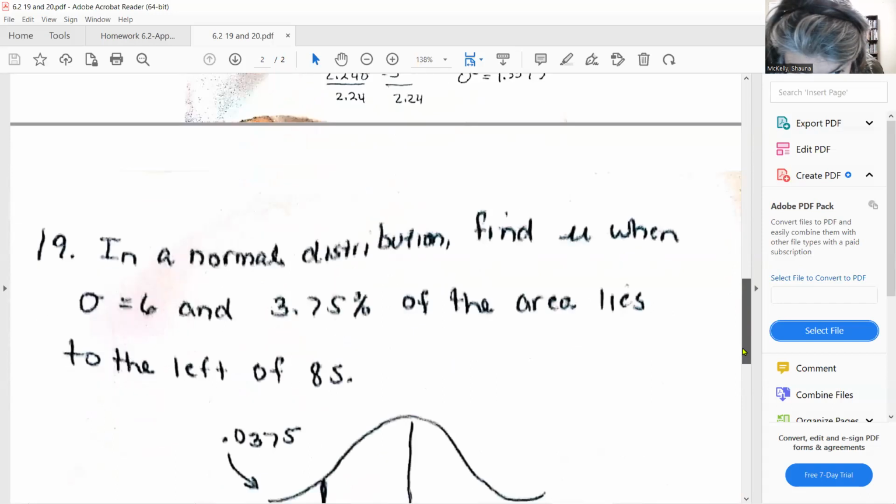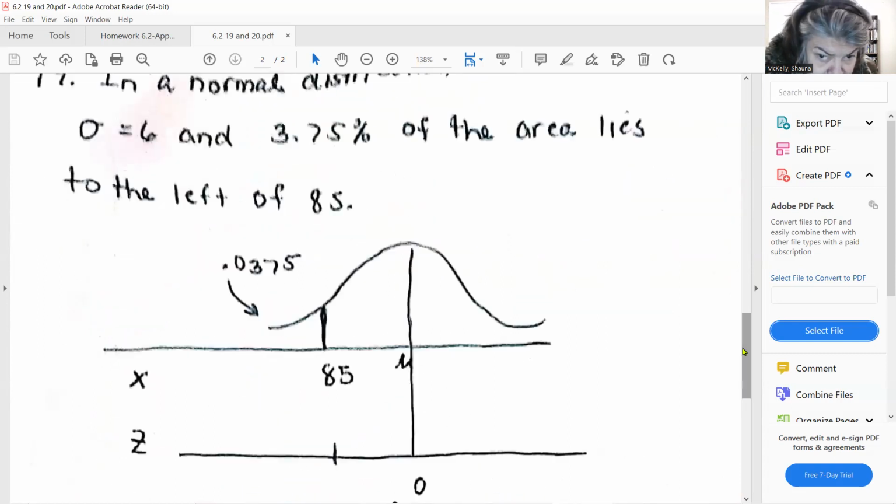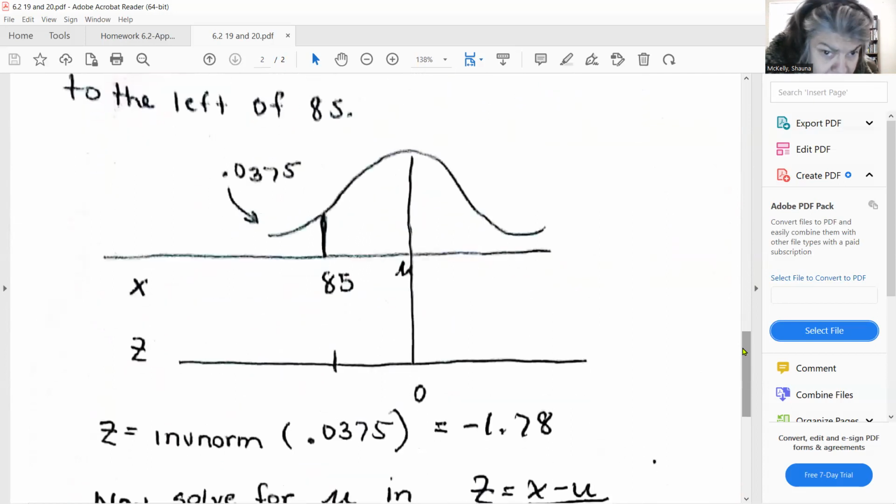So it says, in a normal distribution, find mu when sigma is 6 and 3.75% of the area lies to the left of 85. So again, if you're not sure where this goes, there's only about 3%, maybe 4% of the data to the left of 85, close to 4%, right?